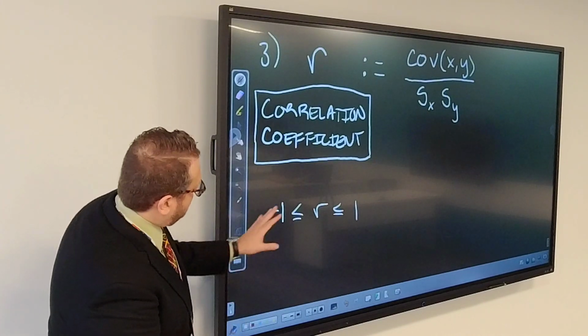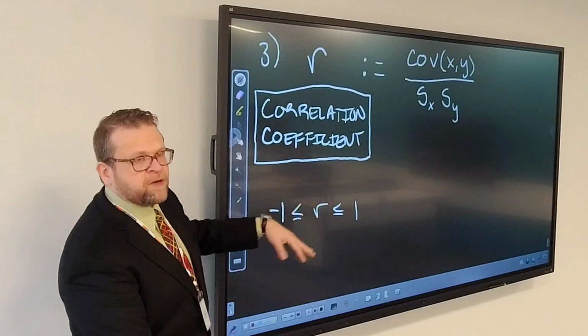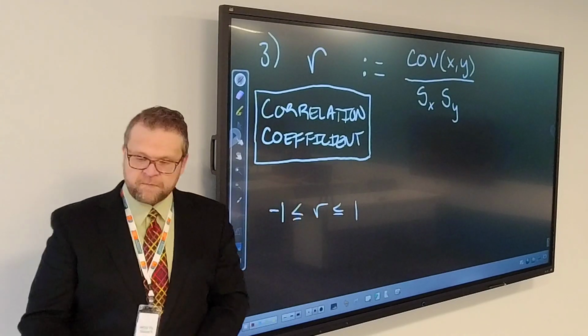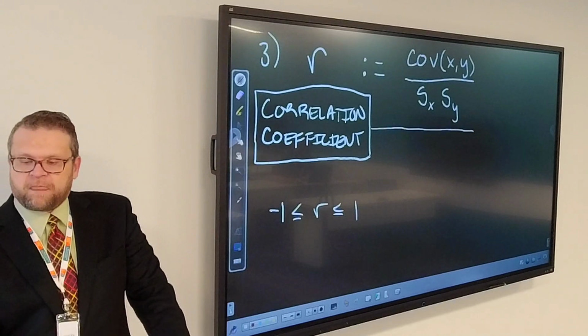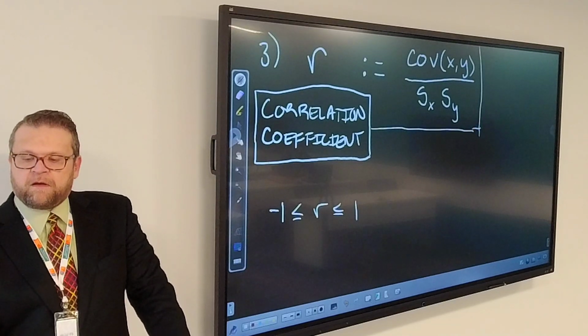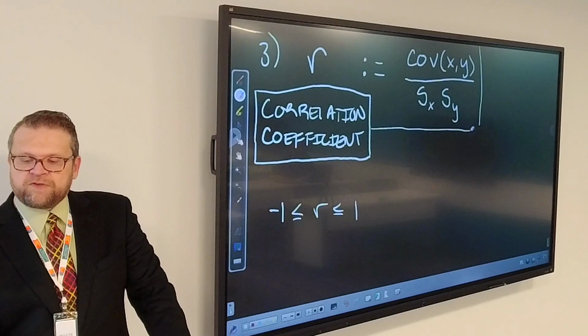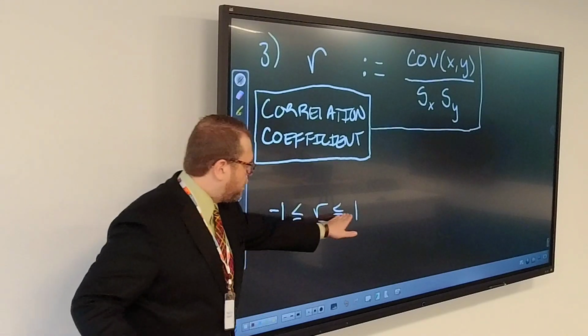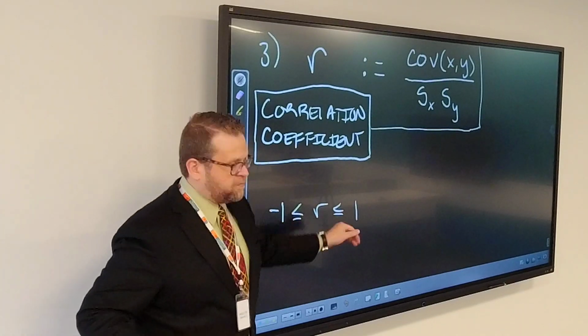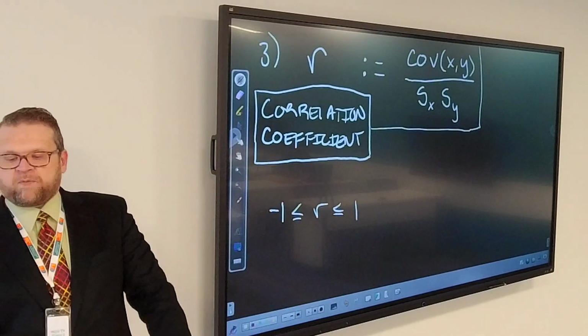But it could be -1, it could be positive, it could be 0, or it could be any number in between. We have to know how to interpret the situation depending on where this r value is at in between -1 and 1.